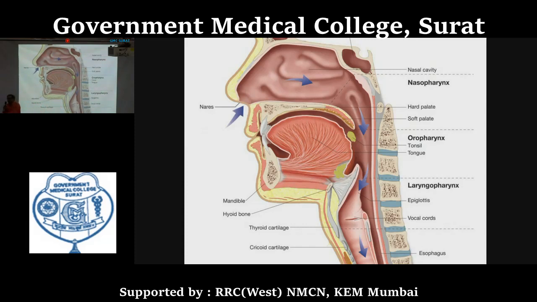So in the second stage, the food that has entered within this oropharynx has come to this lower part of the laryngopharynx. And at that time, the third stage starts. So in the third stage, what happens? This cricopharyngeal sphincter, that is the sphinctering part of this inferior constrictor muscle, gets relaxed.